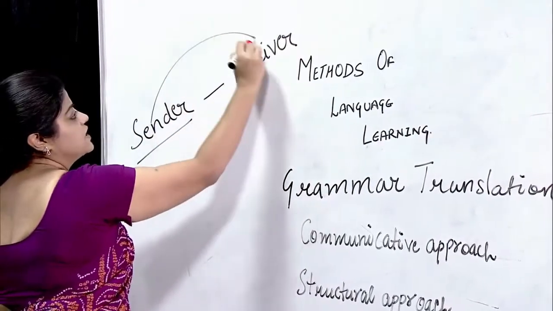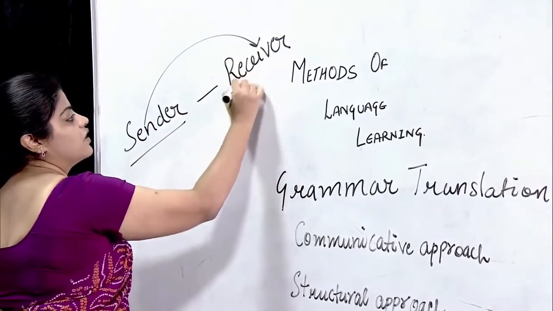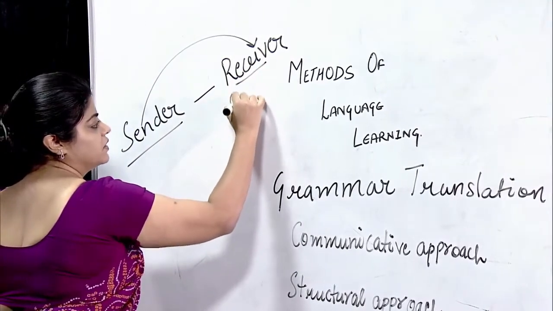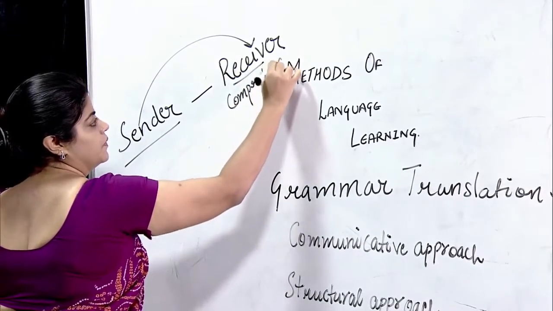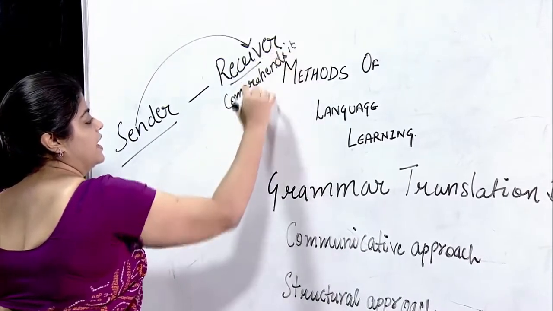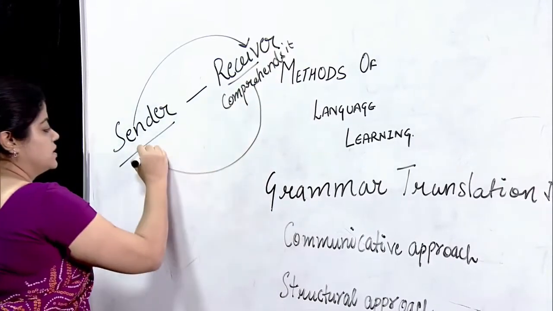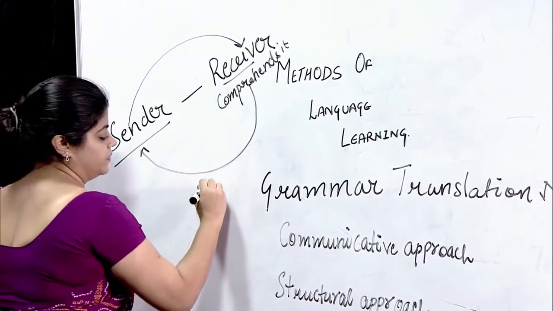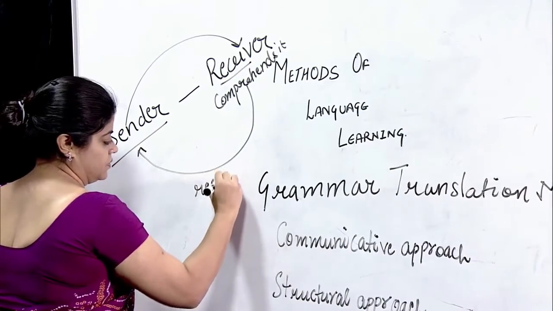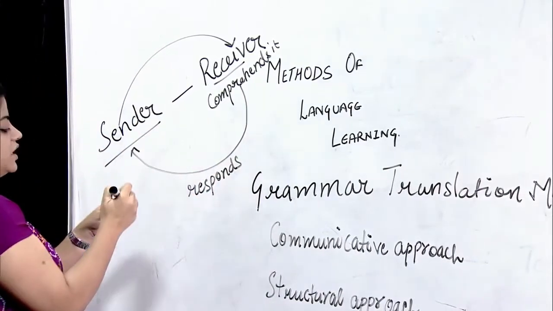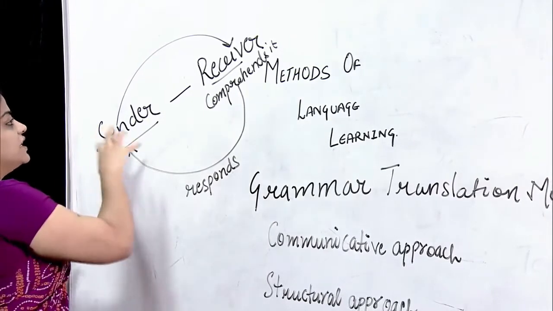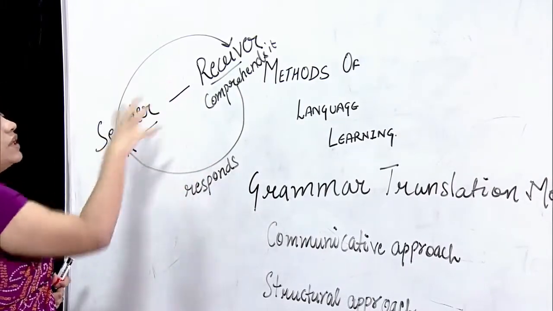The sender sends the message to the receiver, the receiver comprehends it, and then responds. So, this is the whole cycle of communication. We need at least two persons for communication.